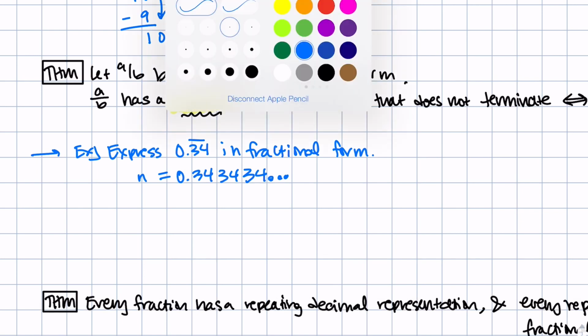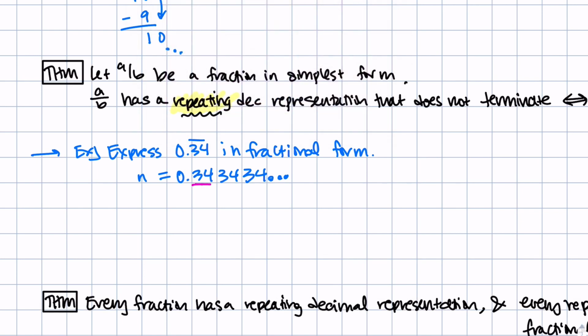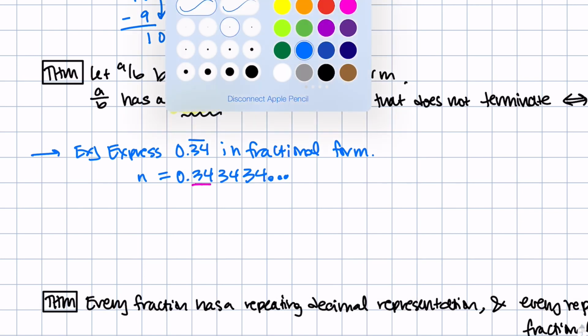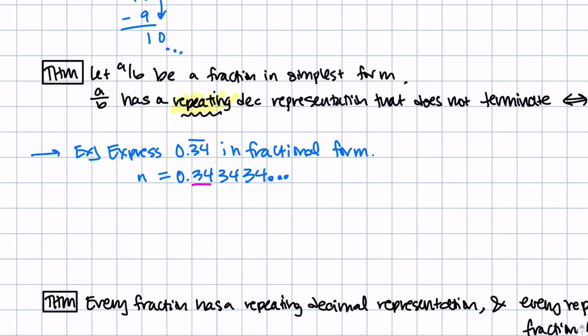So now let's look at this. The hundredths place is my period, right, where it starts repeating. So now let's multiply by 100. Let's multiply the left-hand side by 100, and let's multiply the right-hand side by 100 as well. When I multiply the right-hand side by 100, what it's telling me to do is to move the decimal place.